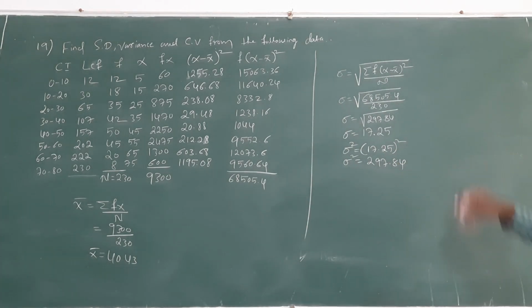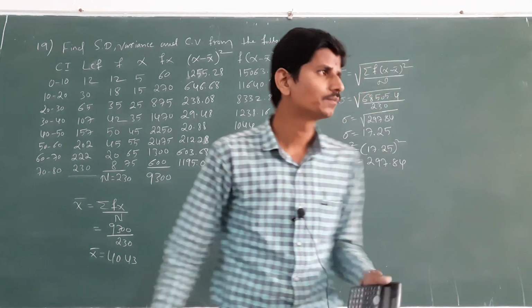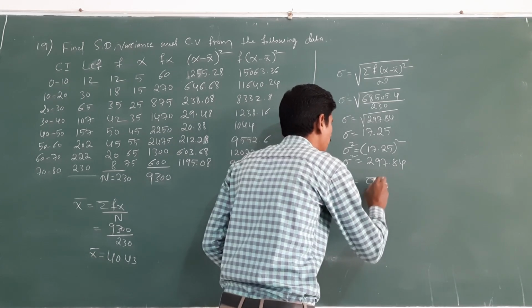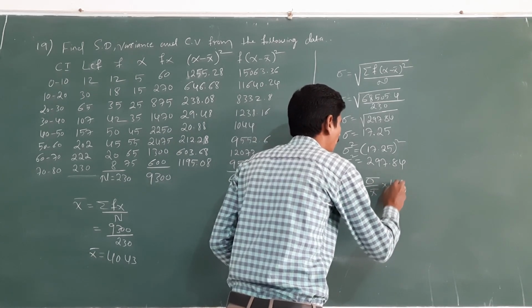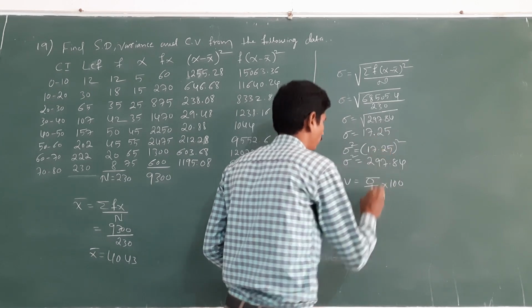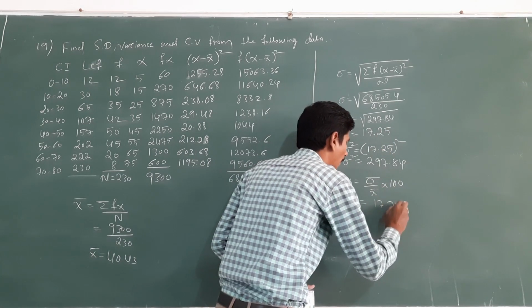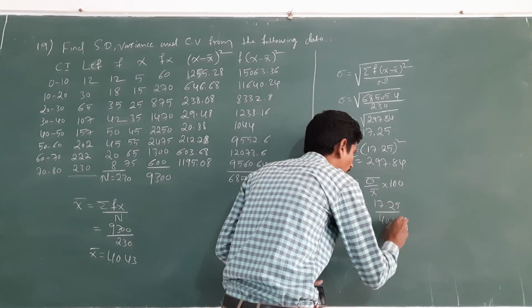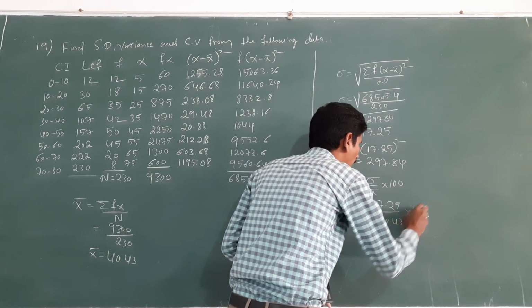The next we have to find the coefficient of variation, CV. Here CV equal to sigma by x bar into 100. The sigma value is 17.25, x bar is 40.43, into 100.